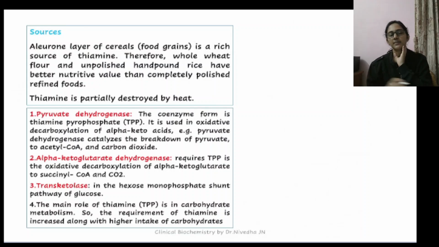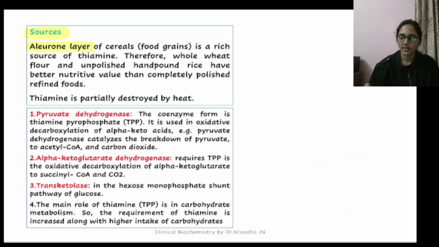So when anybody just has polished rice with no other supplementation of thiamine in their diet, like pulses and oil seeds, they are taking only polished rice, then they will have thiamine deficiency. So these are the sources of thiamine, and the aleurone layer of cereals is rich in thiamine. So polished rice causes vitamin thiamine deficiency.